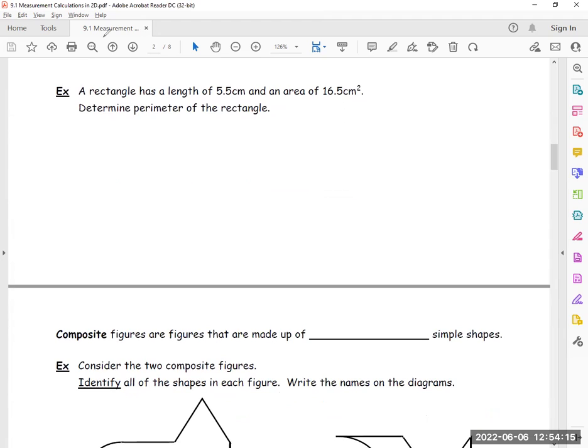Here's one example where you are asked to manipulate a rectangle. I will draw the rectangle. I am a visual person. I really like it when I don't have to imagine it in my head. A rectangle has a length of 5.5 centimeters, but the area is 16.5 centimeters squared. Determine the perimeter. If I want the perimeter, what sides do I need?